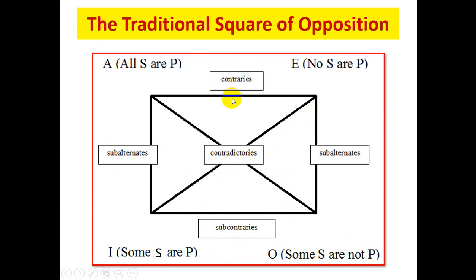This is A, E, I, and O. This is again A, E, I, and O. And we still remember, A means all S are P, all subjects are predicate. E means no subject is predicate. I means some S are P. O means some subject are not predicate.